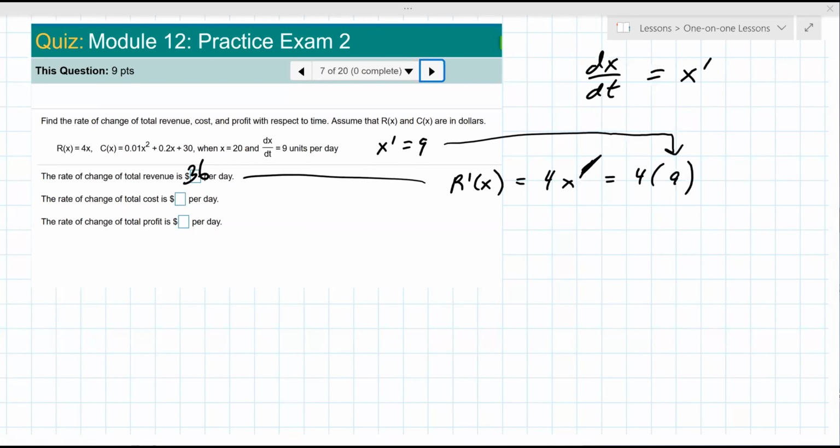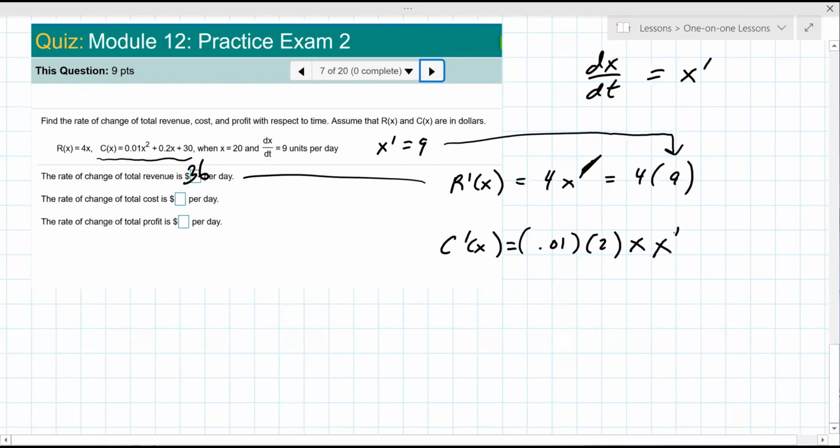So total cost is going to be that. And that one should have been done first, because that's more explicit. But your derivative of cost is 0.01 times 2x, but the derivative of x is x prime. Okay. So that's maybe a little bit confusing. Plus 0.2, the derivative of x is x prime. The derivative of 30 is 0.